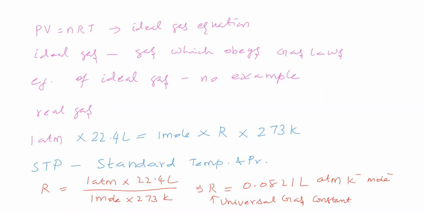So the universal gas constant value is 0.0821 liter atmosphere per Kelvin per mole.